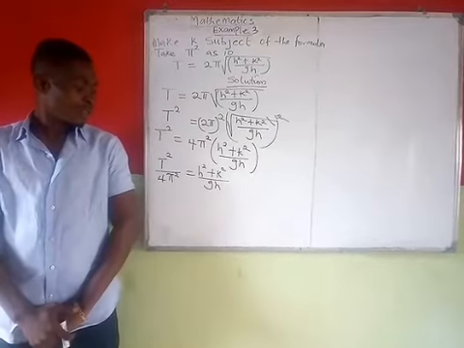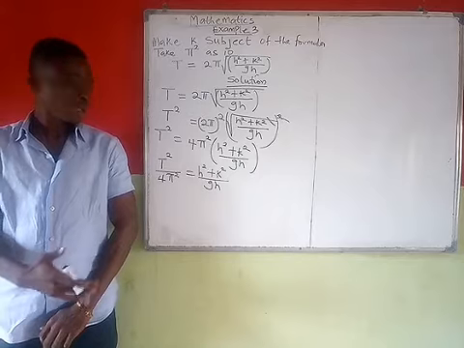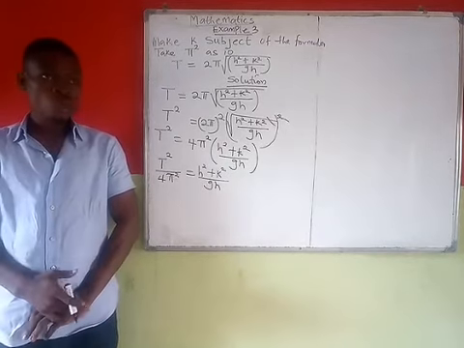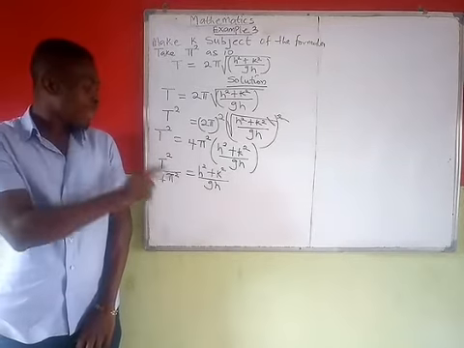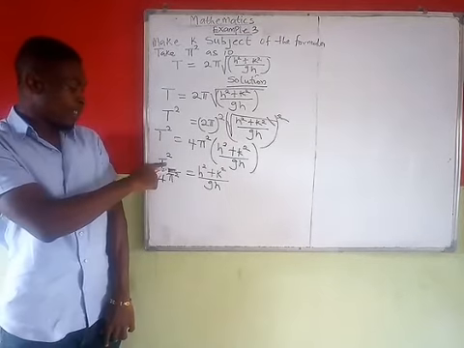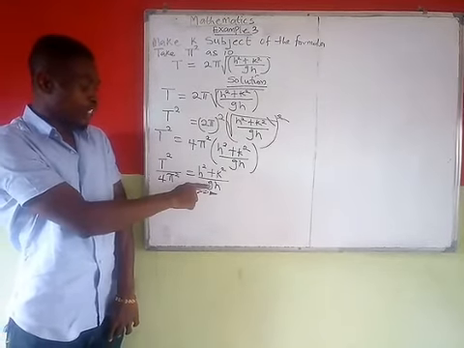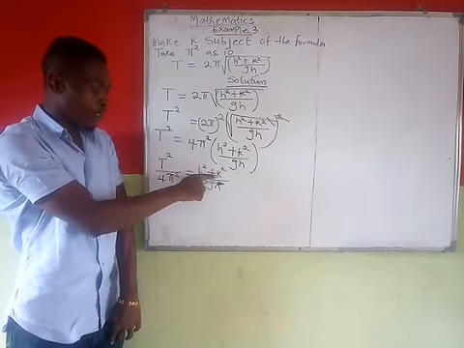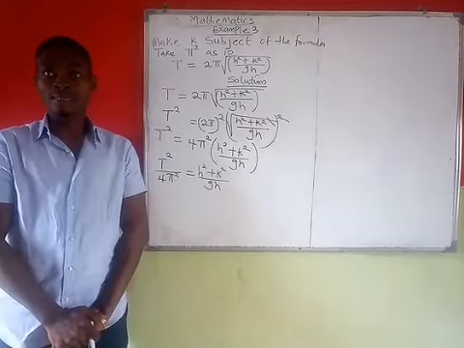Now looking at the equation, you now see that we are actually going down, but we are not yet there. So the next thing we need to do is to multiply through, cross multiplying, multiply T squared by gh and leaving just h squared plus k squared on the right hand side.